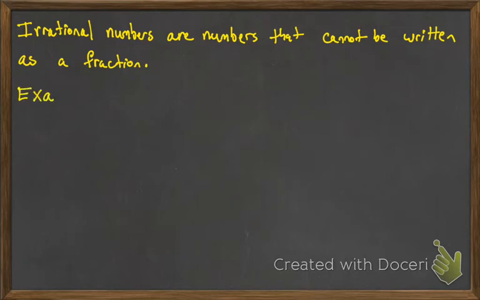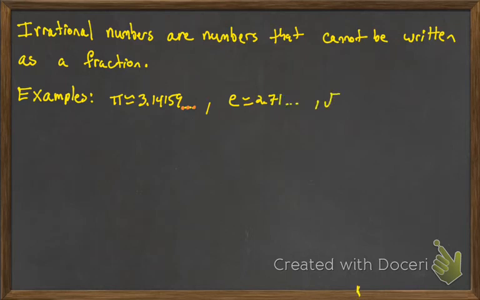So for example, probably one of the most famous ones is pi. Pi is approximately 3.14159, etc. The etc. there doesn't mean the pattern repeats. It's a non-terminating decimal. Then e, Euler's number, we'll be dealing with later on in the semester. That's about 2.71.